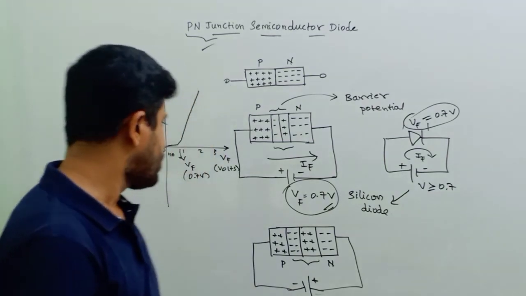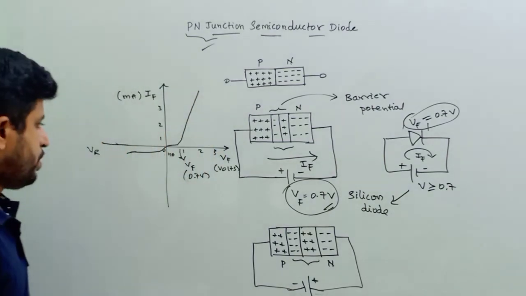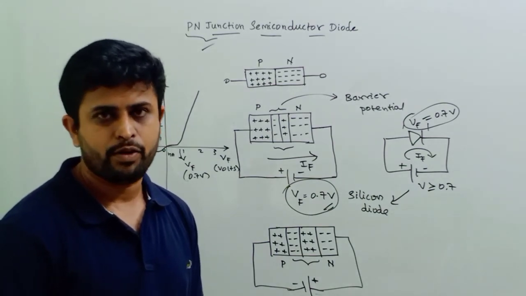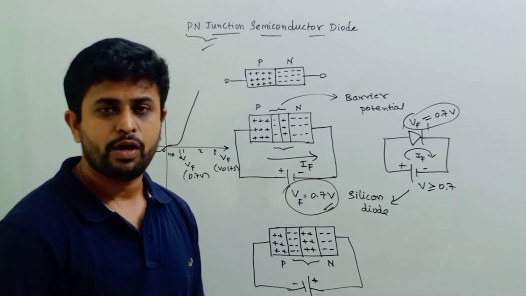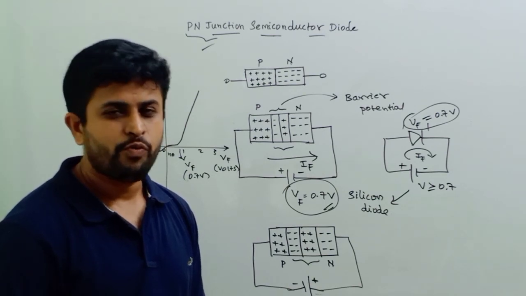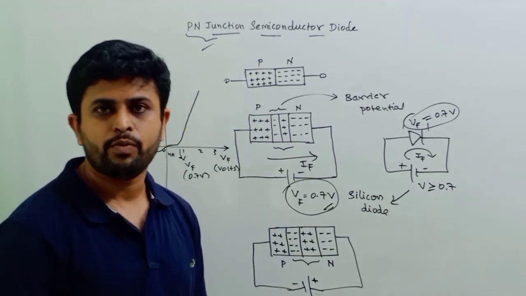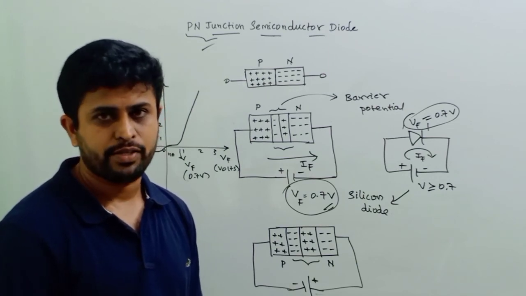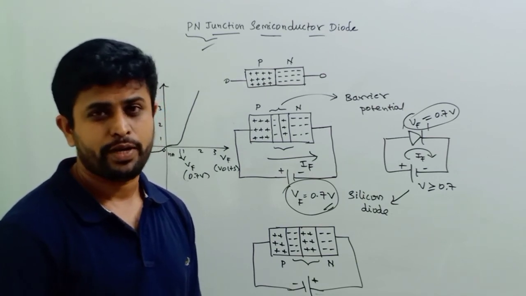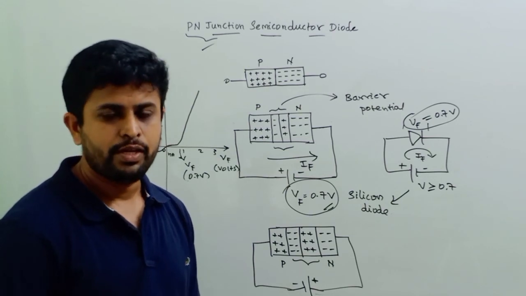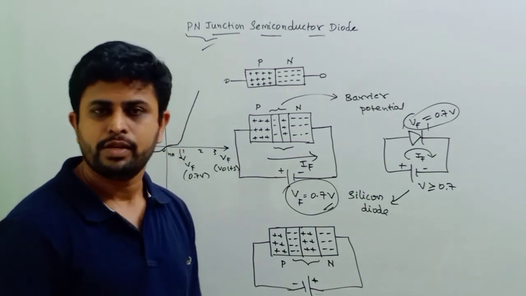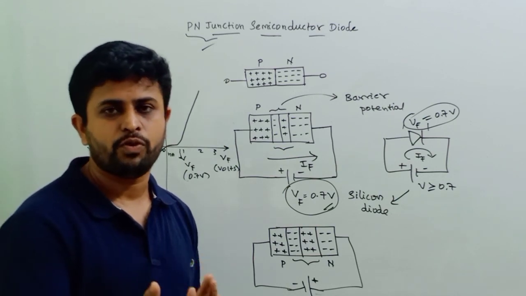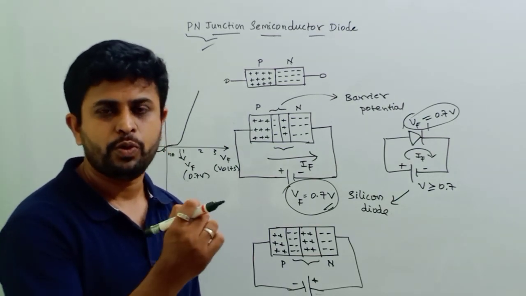So now this diode has a certain limit of reverse supply voltage. We cannot give a reverse supply voltage beyond its breakdown voltage. So what is breakdown voltage? The voltage at which the P region gets converted into N region and N region gets converted to P region due to expansion of the depletion layer.